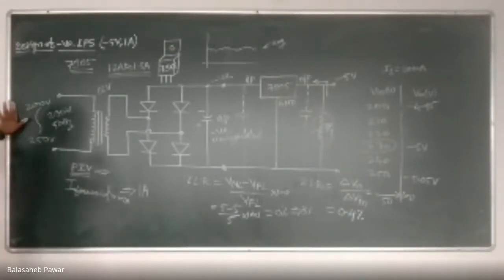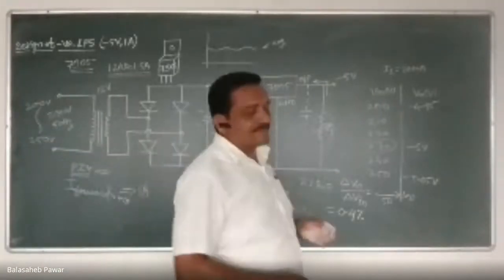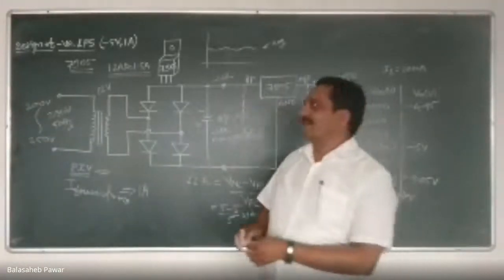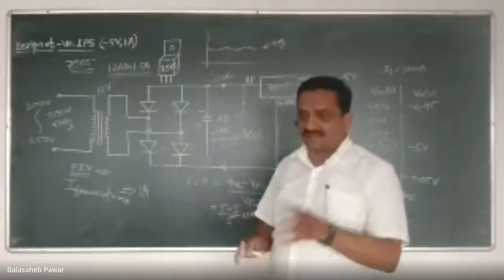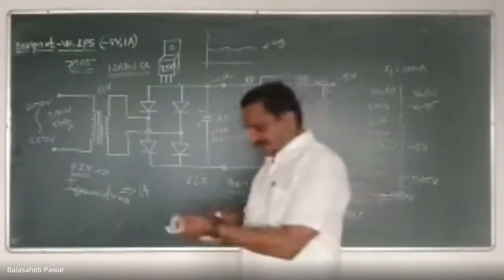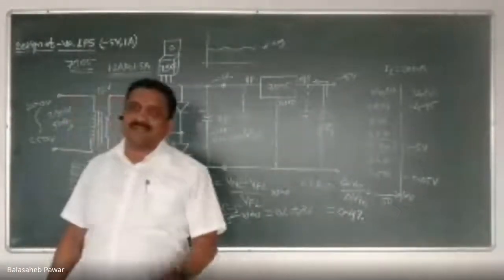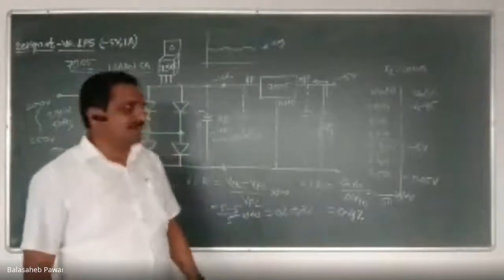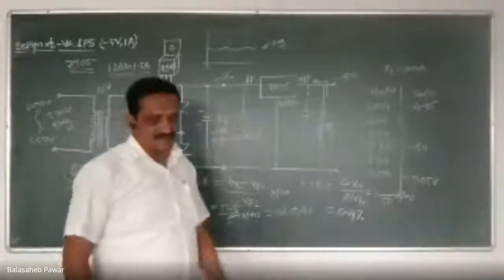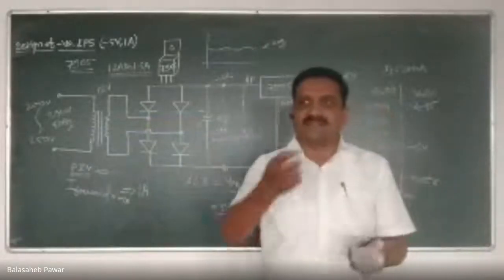Okay, but before going to SMPS, during the next lecture, I will design a dual power supply. Now see, I think our time is over, but still, my requirement is plus minus 12 volt in my application. I require plus 12 volt as well as minus 12 volt.